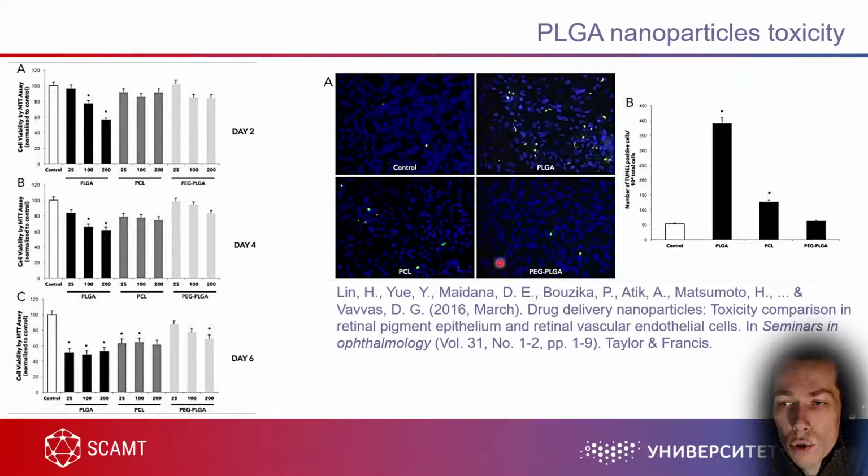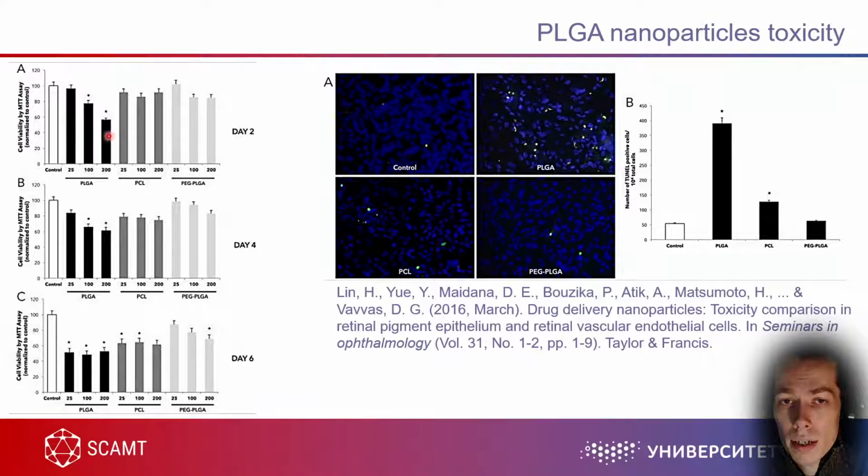This research was performed to reduce PLGA toxicity. For example, what is the staining for? This staining is used for so-called TUNEL staining, and TUNEL staining is used to detect dividing cells, and not just dividing cells, but errors in mitosis. So if you look at PLGA particles, you will definitely see a lot of bright dots.